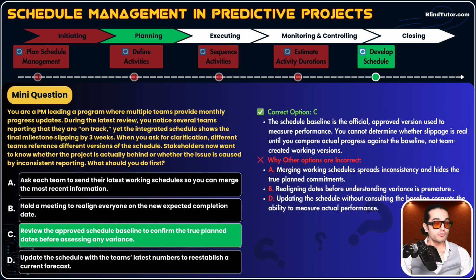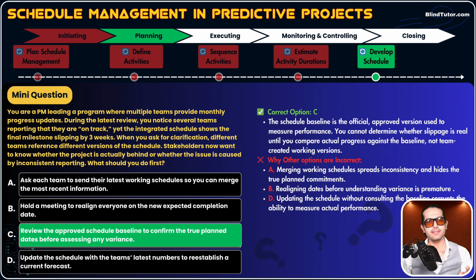Okay, there will be some differences. By variance, I mean differences between the actual data and the planned data. That's not okay, actually, but variances happen, guys. But you need to make sure you have a reliable reference point first.